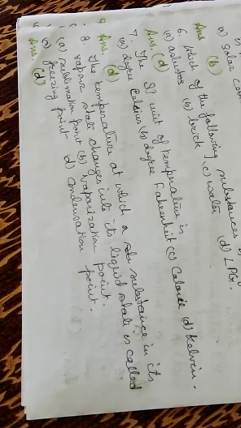The temperature at which a substance in its vapor state changes into its liquid state is called sublimation point, vaporization point, freezing point, condensation point. The answer is condensation point. Next, an example of a substance that sublimes is fluorine, bromine, chlorine, or iodine. The answer is iodine.